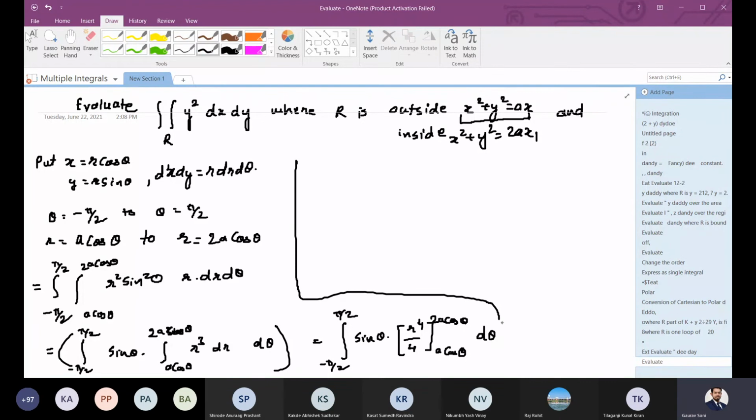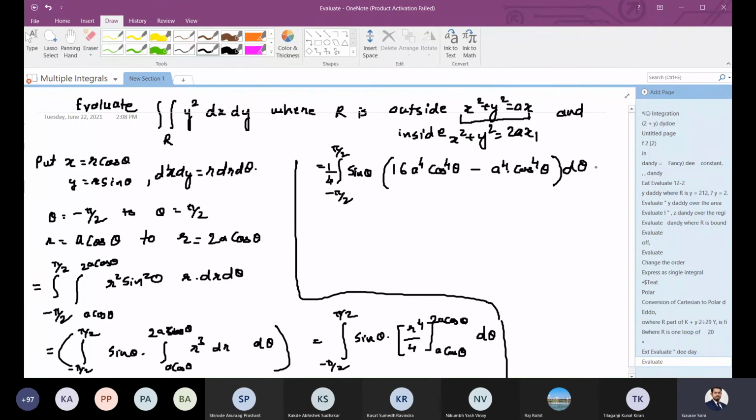So we'll solve this integration. So that is minus pi by 2 to plus pi by 2, sine theta, 1 by 4 being constant will go outside. So we have 2 raised to 4, which is actually 16 a raised to 4 cos raised to 4 theta minus a raised to 4 cos raised to 4 theta.